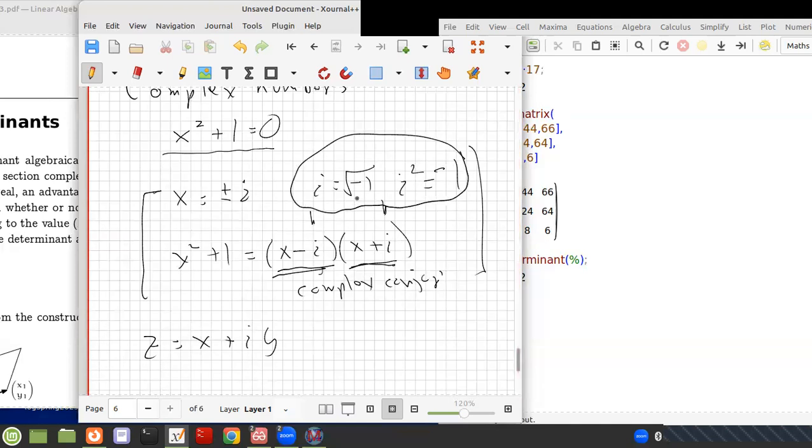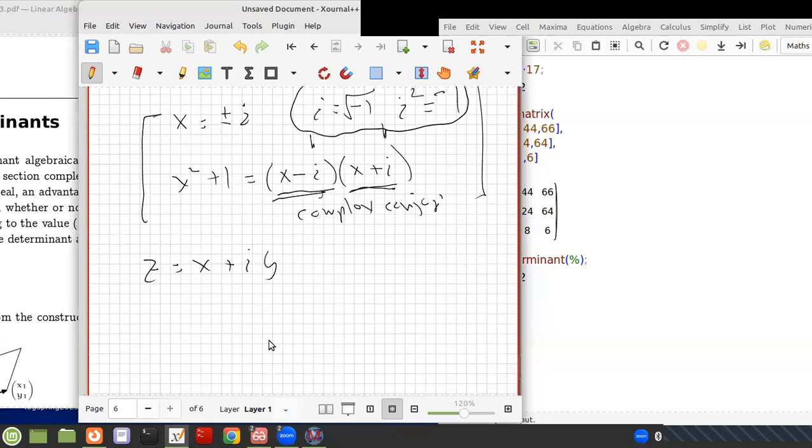You can keep going, because i to the fourth would equal i squared times i squared, which equals -1 times -1, which equals 1. And the question is, why does this occur, and what's going on? Well, this is the general pattern, and if I have this, then the complex conjugate is x minus iy.